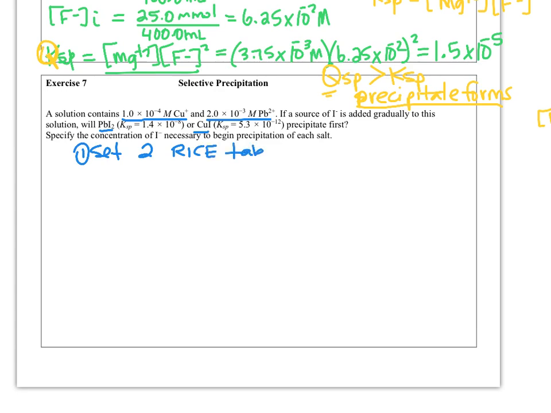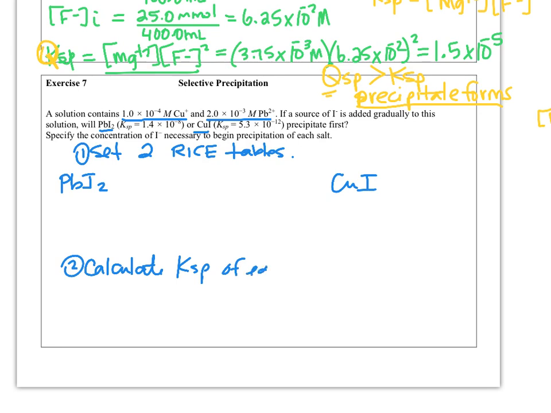And so when you set up the two ICE tables, you're going to have one for each of the PbI2 and the CuI. So you'd have PbI2, and over here you're going to have CuI, okay? So you're going to have two separate ICE tables. You're going to calculate the KSPs of each one.